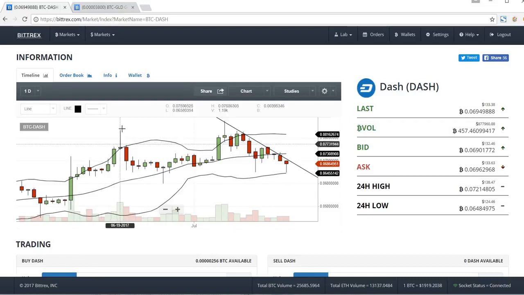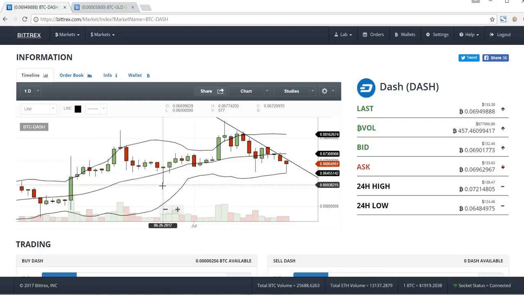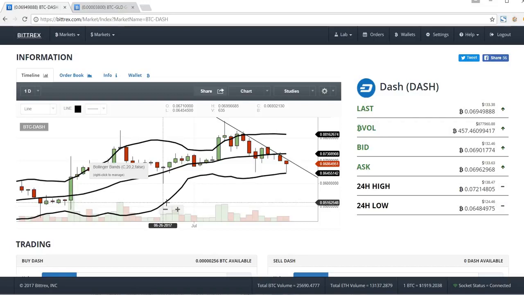And when we move outside the volume band, it's pretty likely that we go back to at least the median. But you should not be surprised if it falls all the way back to the lower volume band again.